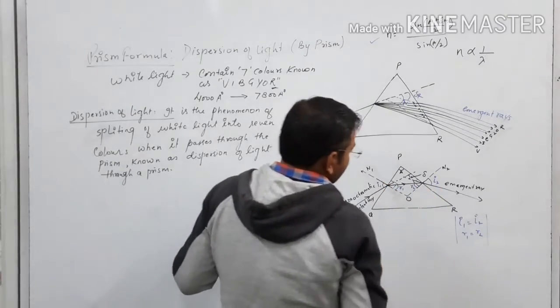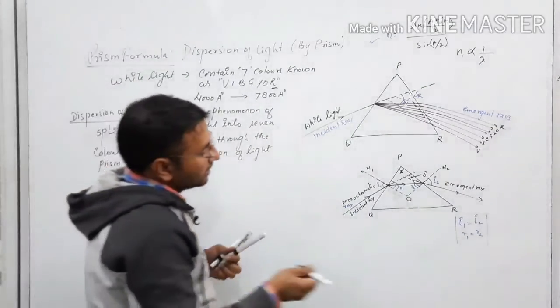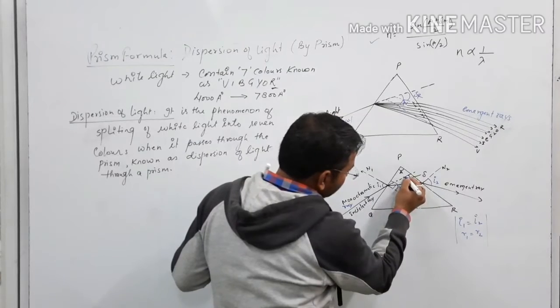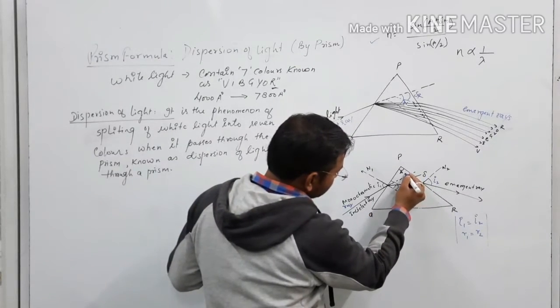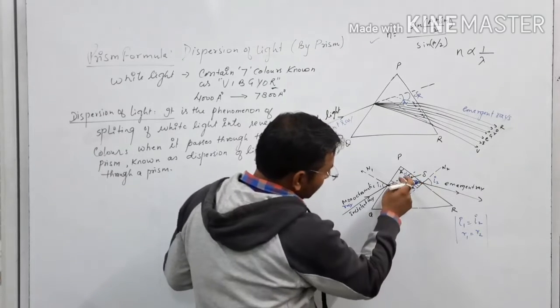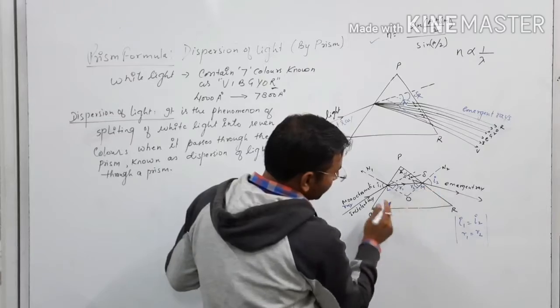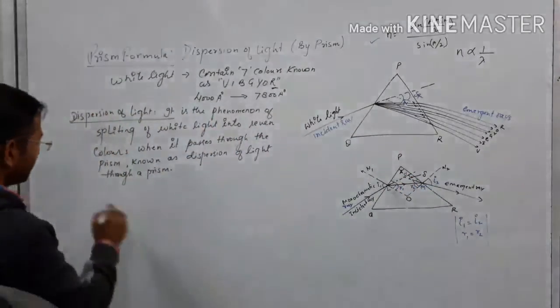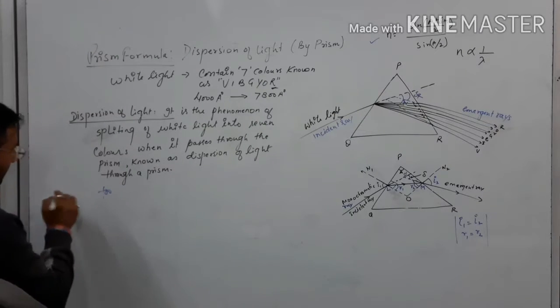Now we will talk about the relation. See, in this triangle, suppose this is O dash, and these are L and M: triangle O dash L M. Now you can see the diagram. From the diagram, we are calculating the prism formula.